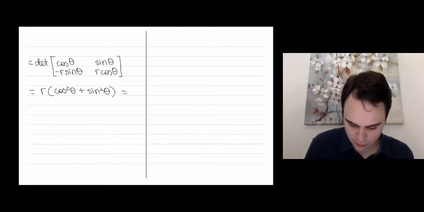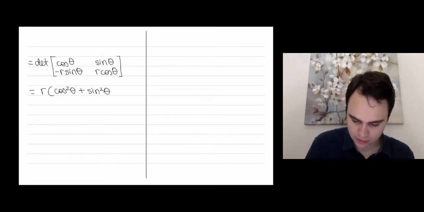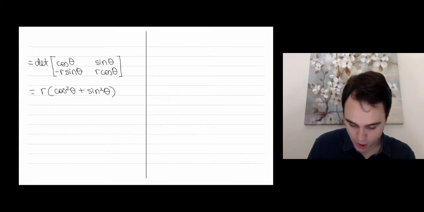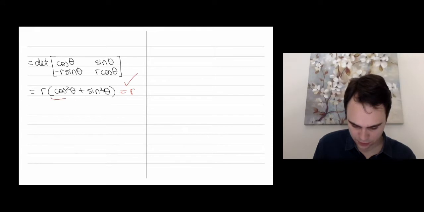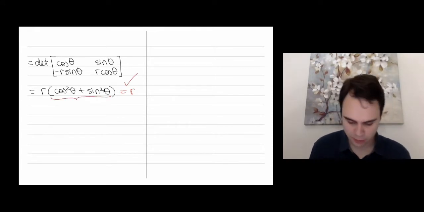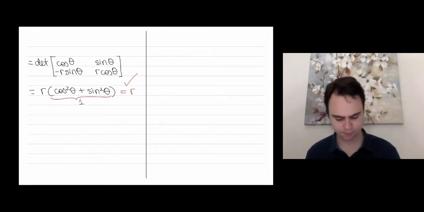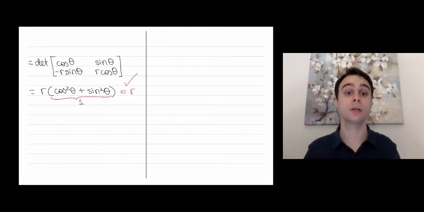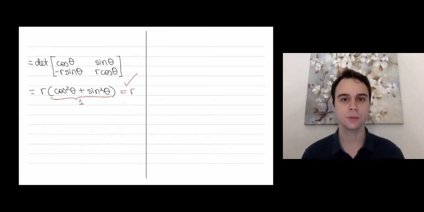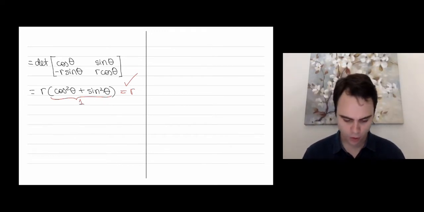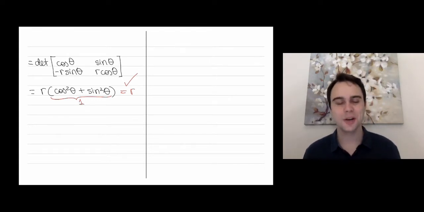In the beginning of the lecture I said that we know this is equal to r, and that's the case. This Jacobian determinant business gave us the right answer because cosine squared plus sine squared is equal to 1 for every angle. Whew. All right, so this is encouraging.